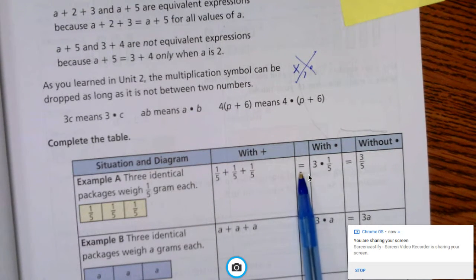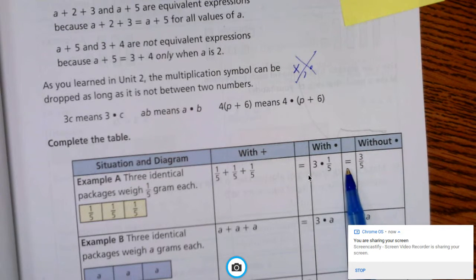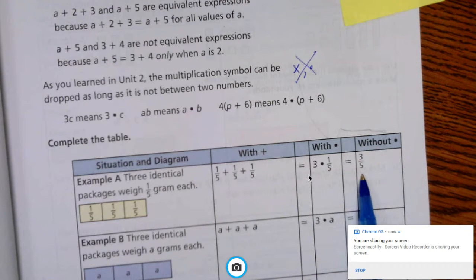And that's equal to another way to say it, which is 3 times 1/5, because that's repeated. And that's also equal to 3/5. So we could go from here all the way to 3/5, because it is 3 of those fifths.